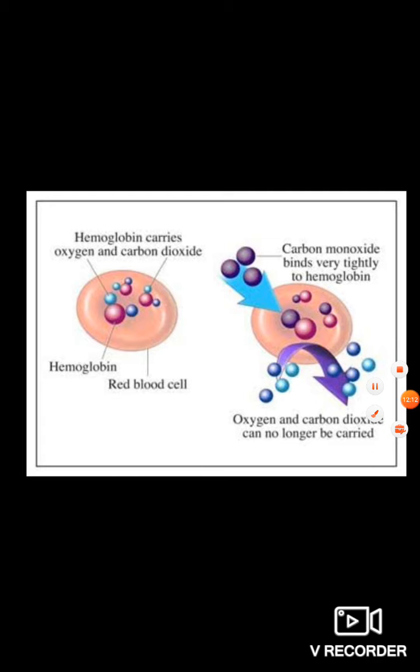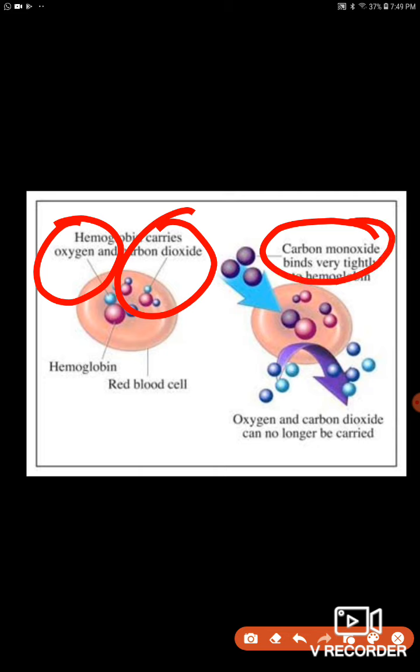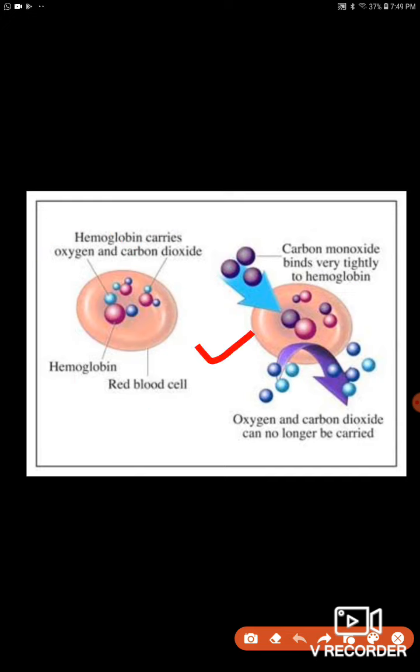Normally they combine with oxygen and carbon dioxide, that we have seen, but they have a high affinity to bind with carbon monoxide, and they make a stable compound. Here they make an unstable compound, carbaminohemoglobin and all that. But if they bind with carbon monoxide, they make a stable compound which is called carboxyhemoglobin.